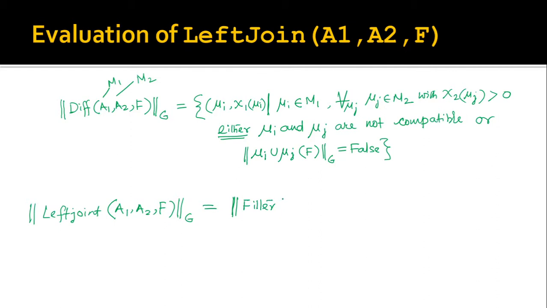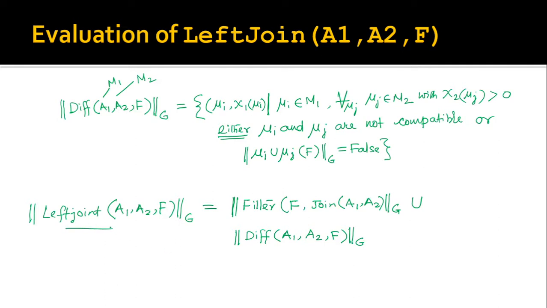Filter, the same F, and the filter would be applied over the join of A1 and A2, right? And you need to take the union of this with the diff of A1, A2, F with respect to G, right?